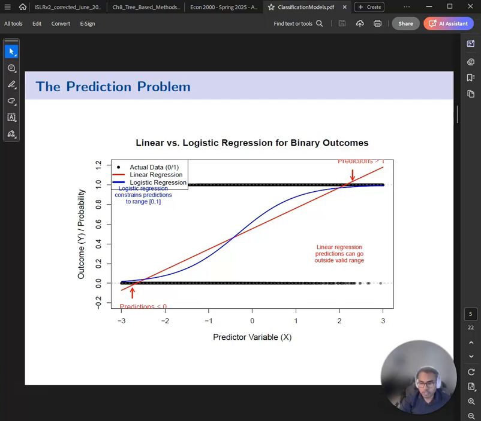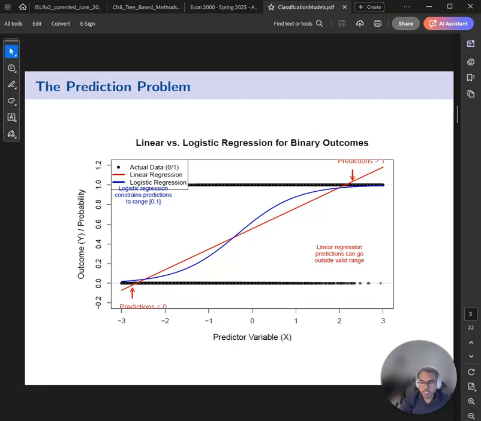The blue curve, on the other hand, represents what logistic regression would predict. Notice how it elegantly curves and always stays within the 0-1 range. That's exactly what we want when we are modeling probabilities. This S-shaped curve makes intuitive sense too. When our predictor variable is very low, the probability should approach 0 but never quite reach it.